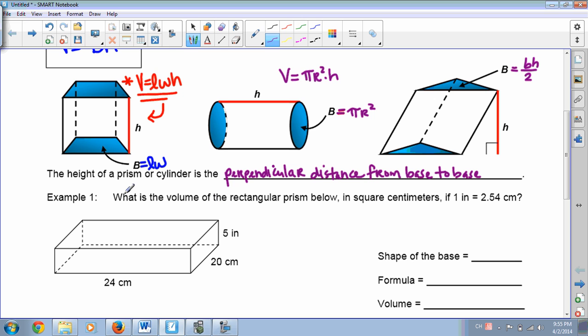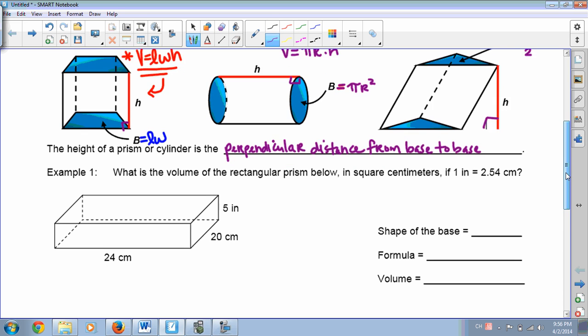So if we look at each one of these pictures, the height connects the two bases and it's perpendicular. The height connects the two circle bases here, it's perpendicular. And even though it's leaning, notice that it's perpendicular and it connects where your bases would be if it wasn't leaning.